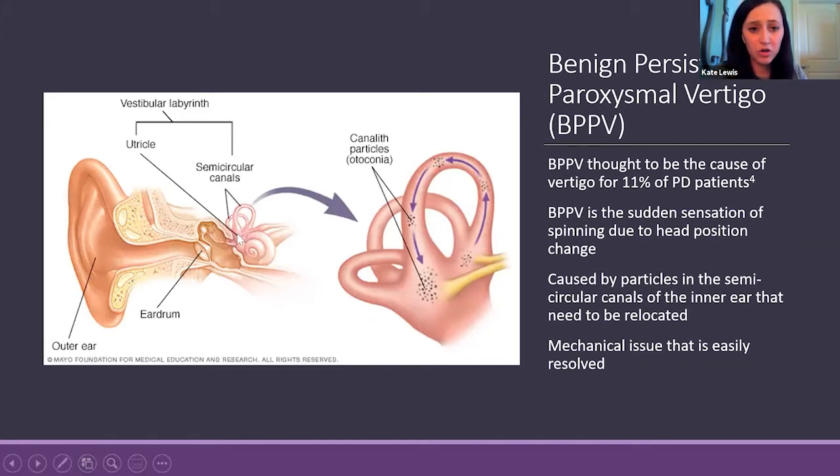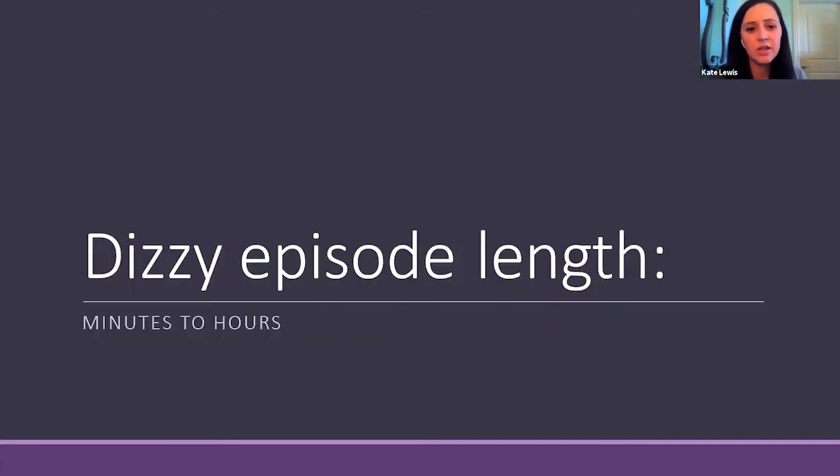Little crystals, otoconia, become loose and make their way through the canals, and they displace some fluid in these canals, and that makes you feel dizzy when you move your head. It's a mechanical issue, so every time you move your head a certain way, you'll experience that dizziness until it gets resolved. And I'll talk about treatment for all of these things at the end of the discussion.